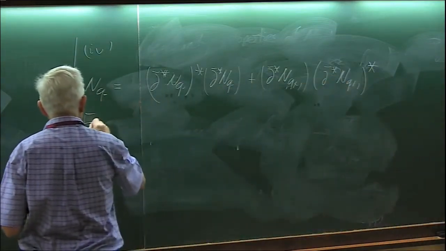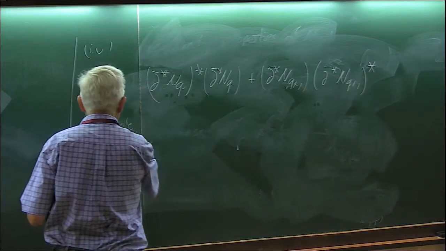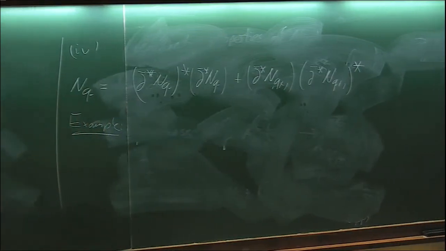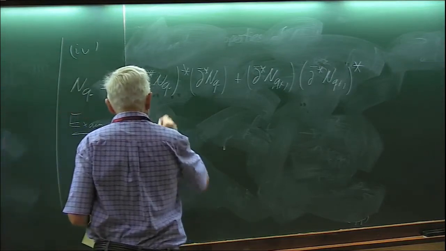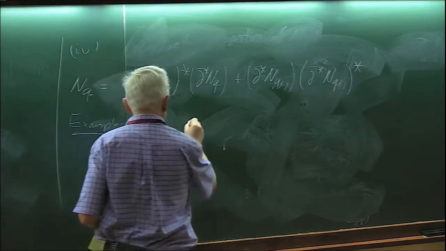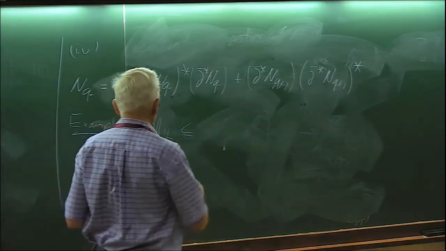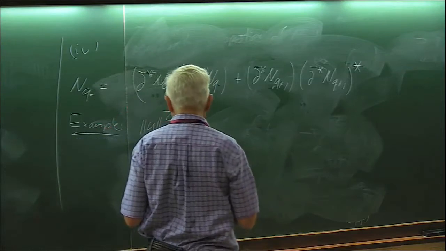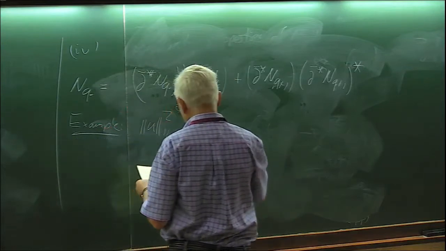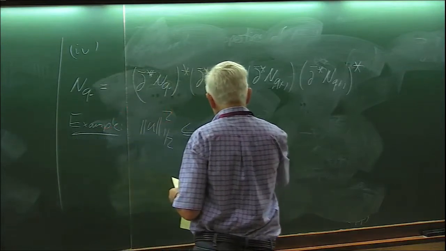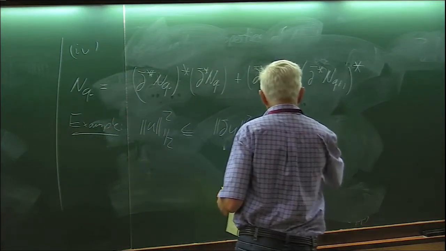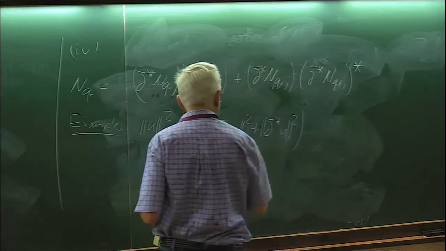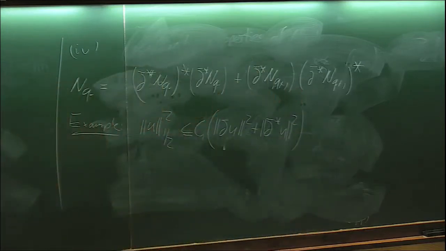So now some examples. Well, one I've already mentioned. I'll give you an example where we have compactness and then one where compactness fails. Well, in the strictly pseudoconvex case, it's one of the exercises to prove the estimate that the 1/2 norm here is less than or equal to some constant we don't care about times the square.